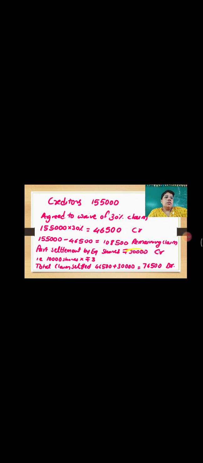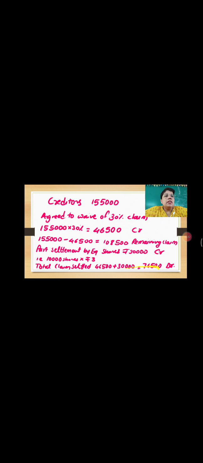Rupees 30,000 of equity shares, right? So equity shares equivalent to that much claim of creditors will be settled. So the total claim settled is 46,500. They have waived off their claim, and the other 30,000 will get equity shares.